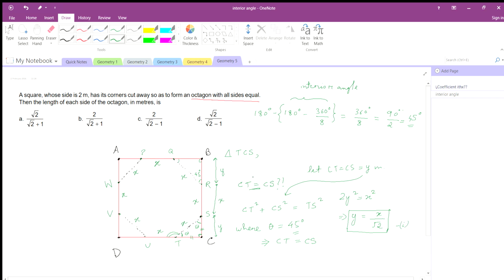What is the second equation? The second equation will give me 2y plus x is equal to 2, because if you look at BC, BC is 2 meters. Why? We are given in the question that the side of the square is 2 meter. So BC is 2 meter, and BC is basically x plus 2y, which I have written here already, right?